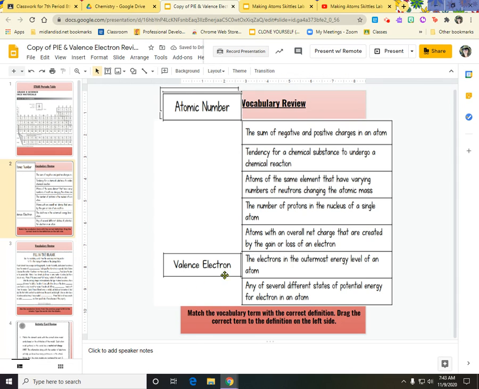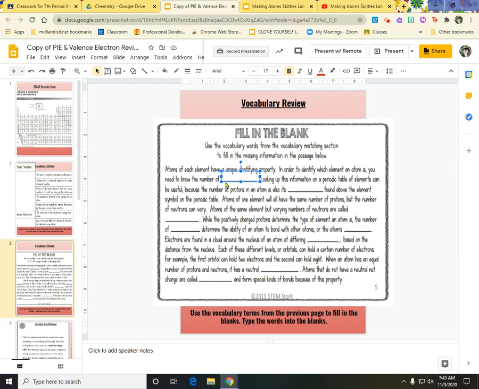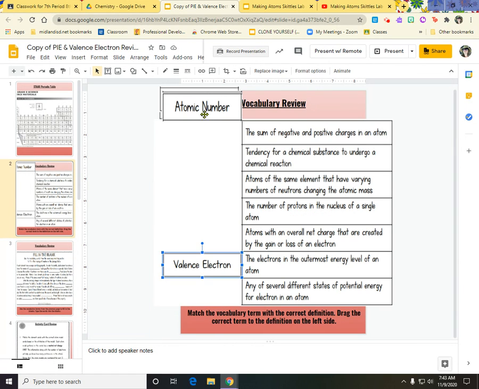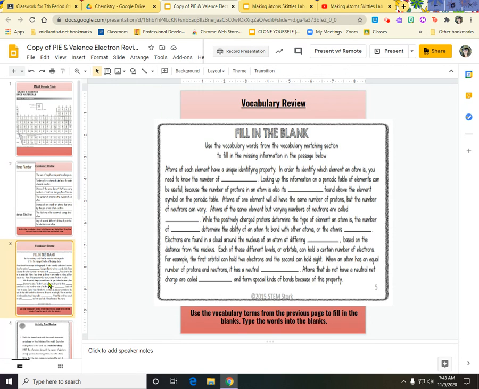So that one would go there, and then you would sort the rest of them. After you finish sorting, on the next page you're going to use those words only to fill in these blanks. So you would only use the words that you are actually moving on the first page of the vocabulary review to fill in the next page of the review.